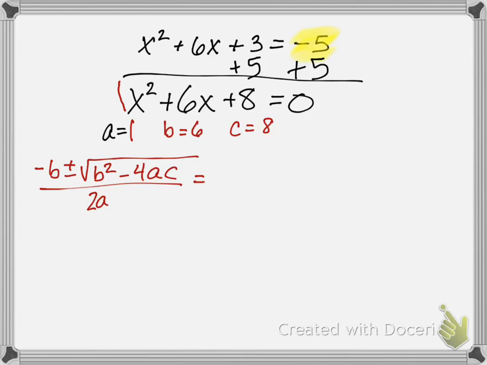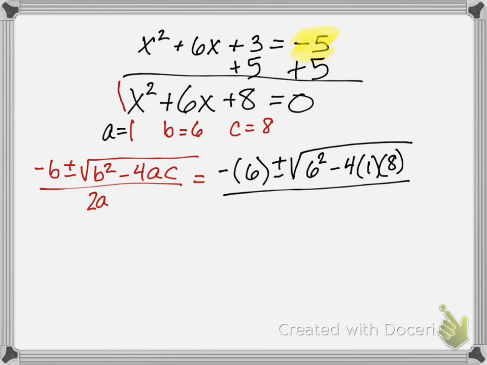Okay, so I have a negative b, and b is a 6, plus or minus the square root of 6 squared minus 4 times the a value, which is 1, times the c value, which is 8. And then all of that goes over 2 times the a value, which was 1.